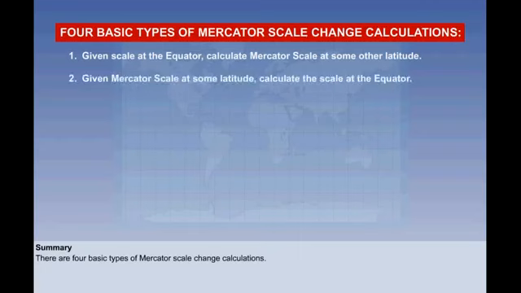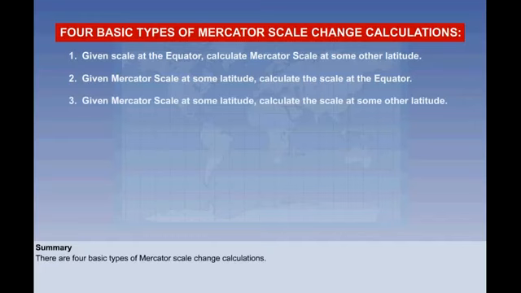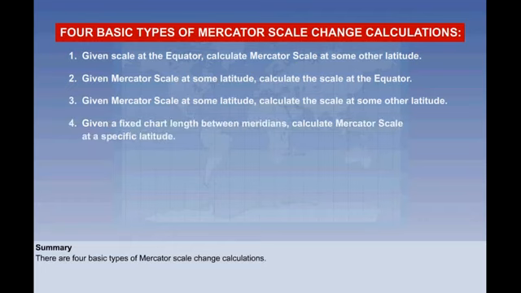Given Mercator scale at some other latitude, calculate the scale at the equator. Given Mercator scale at some latitude, calculate the scale at some other latitude. And given a fixed chart length between 2 meridians, calculate Mercator scale at a specific latitude.